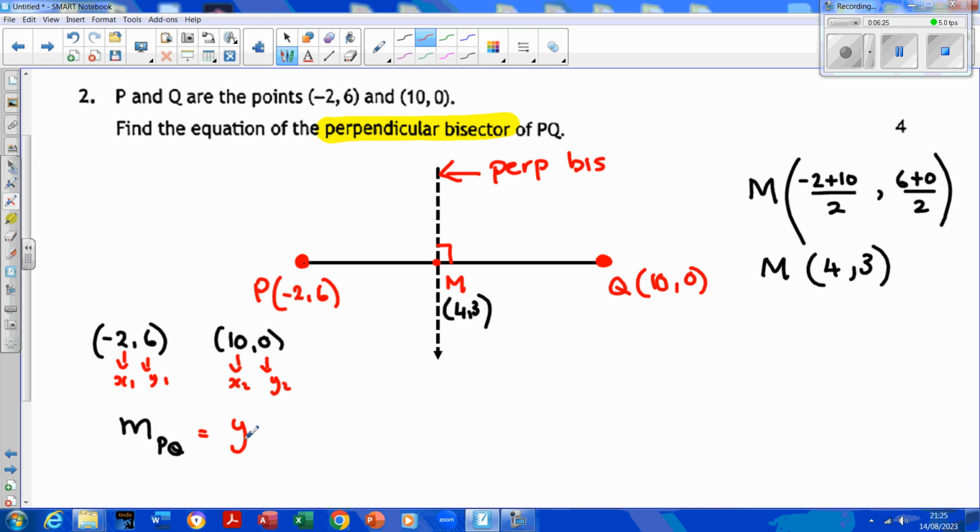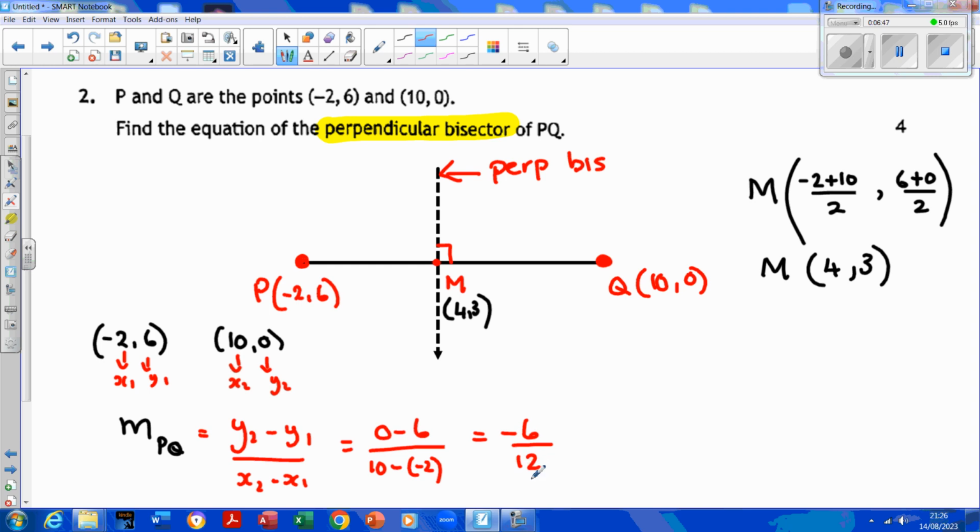We've got y2 minus y1 divided by x2 minus x1. So y2 minus y1 is 0 minus 6 divided by x2 minus x1 is 10 minus -2. So when I tidy that up, I get -6 divided by 12.